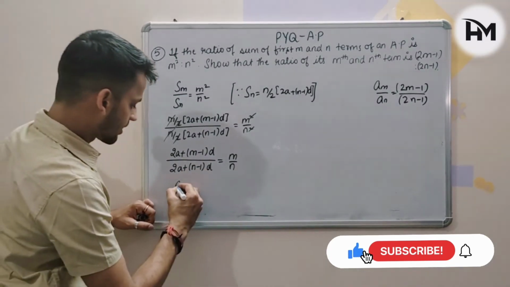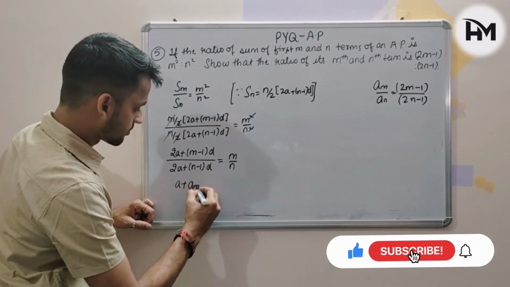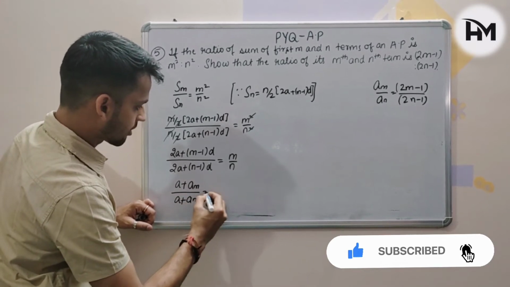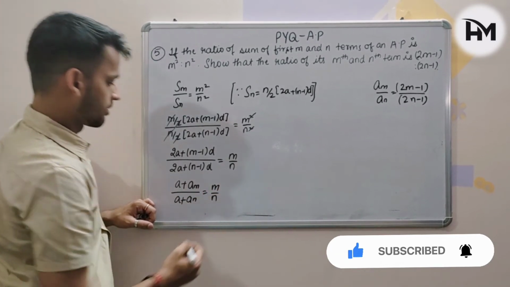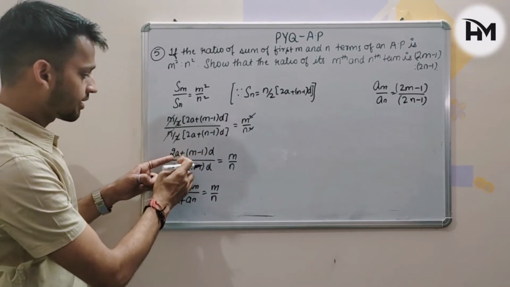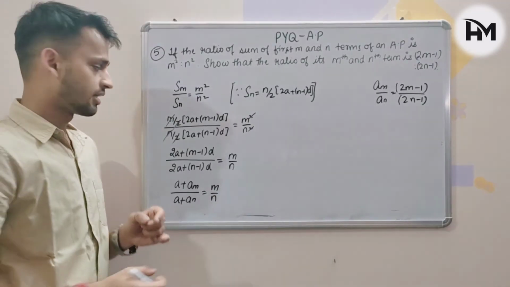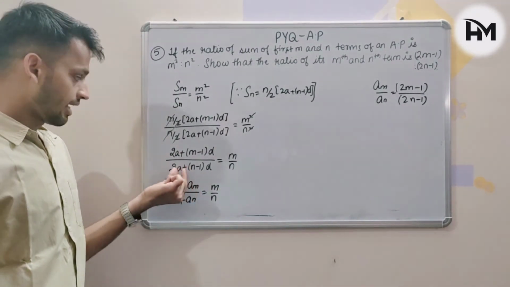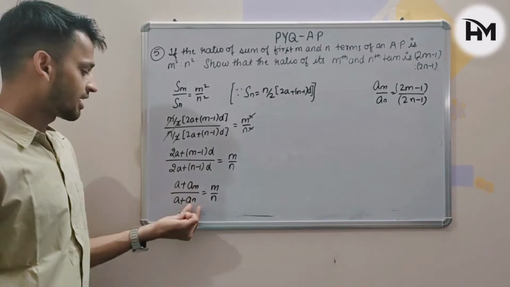We can write this as a plus am upon a plus an equals m upon n, because I can break this down: a plus m minus 1 into d is nothing but am itself, and a plus n minus 1 into d is nothing but an itself.